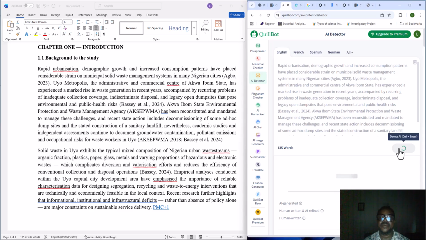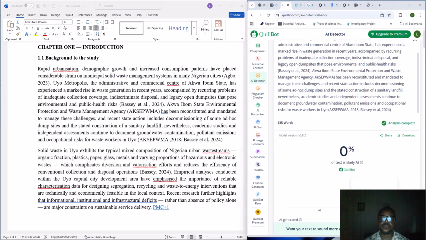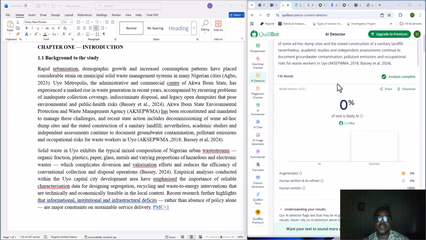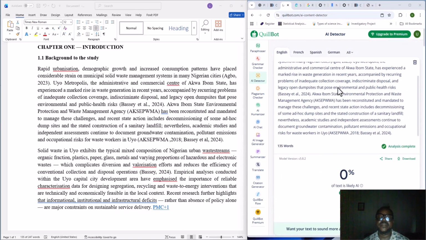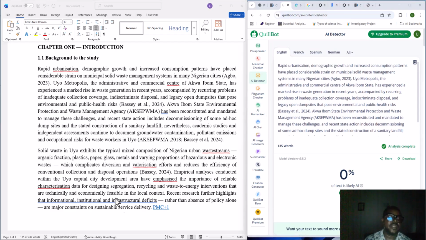And let's see what AI says. So, looking at it again, you can see that it is clean and human. So this part of the work is okay.